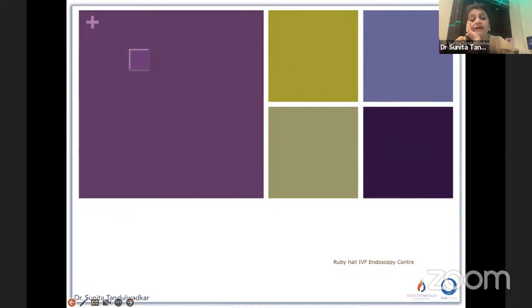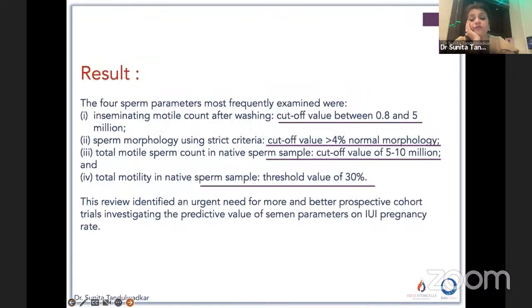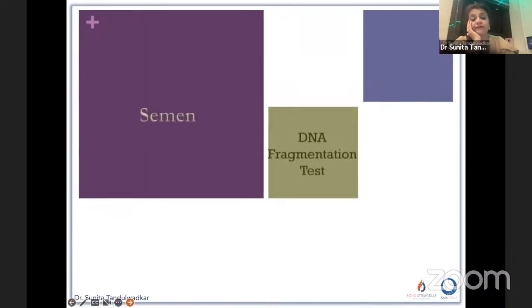Now, if I have to talk about the semen, what is the procedure I should be following for semen washing? There are two methods which are commonly used. One is the gradient method, and the other is the swim-up technique.